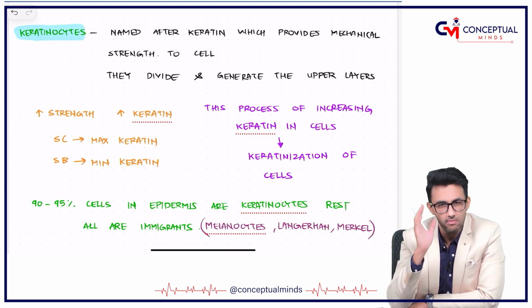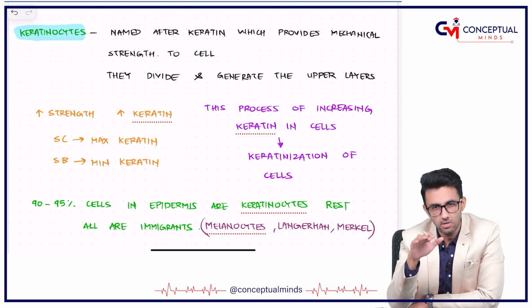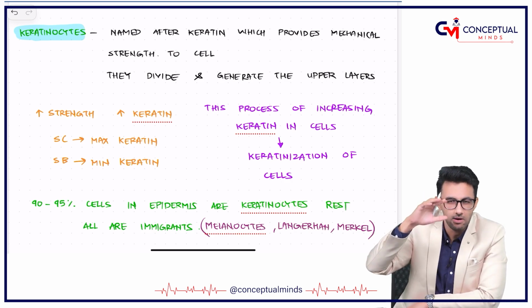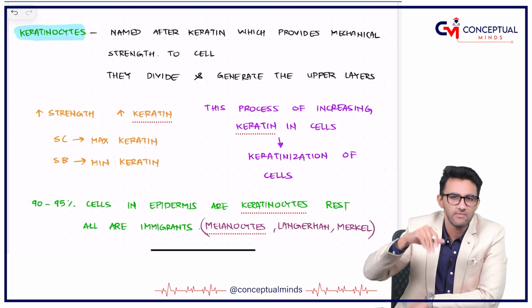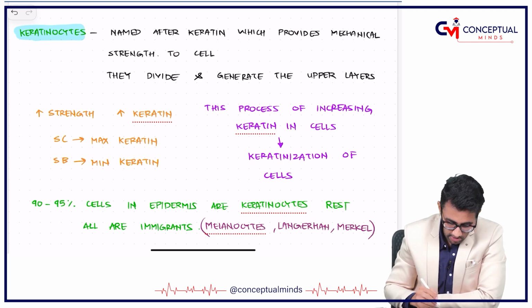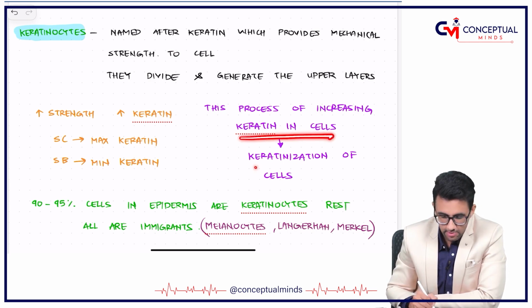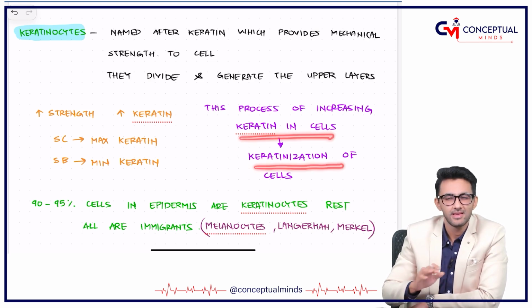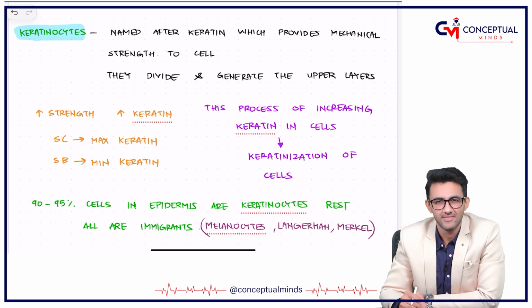Just have that diagram in our head, right? Stratum granulosum, and all the layers above it will have keratin. So the simplest definition: the process of increasing keratin in the cells is known as keratinization of cells. We are all happy with the definition, right?